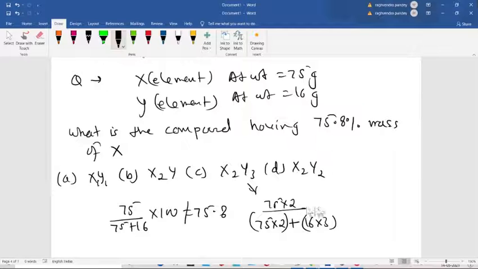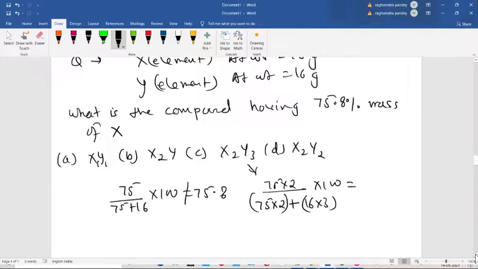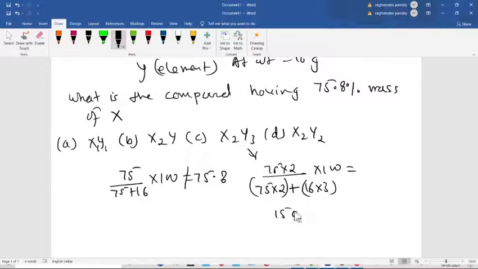This calculation into 100 will give you the percentage. So 75 into 2 will be 150, divided by 150 plus 48, so approximately 198. You can calculate it and get the answer. So from the options, that is a very easy problem.